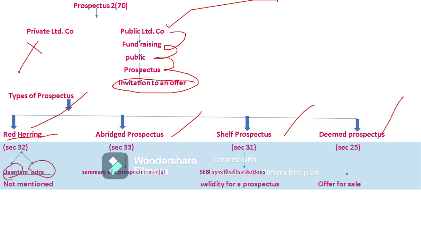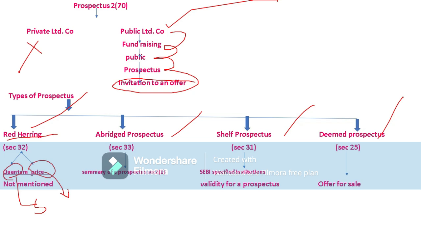How many shares the company is going to issue is not revealed, and the price of the share is also not revealed in the prospectus. So quantum and price are not mentioned, to safeguard mid-size and small companies under company law.